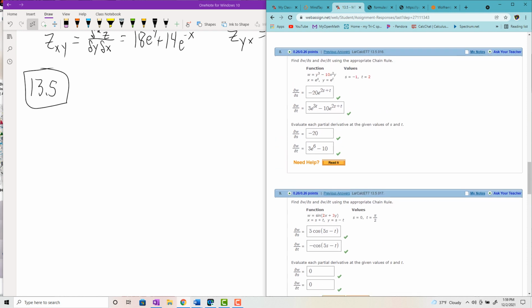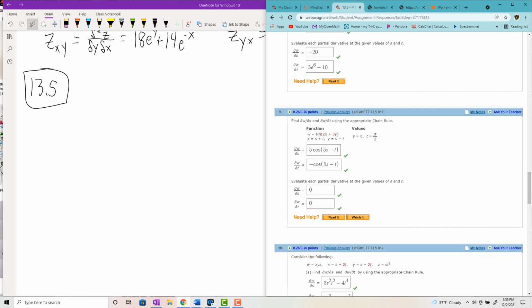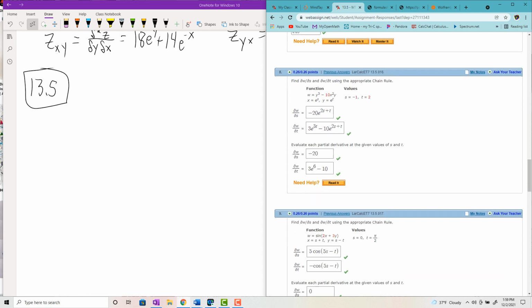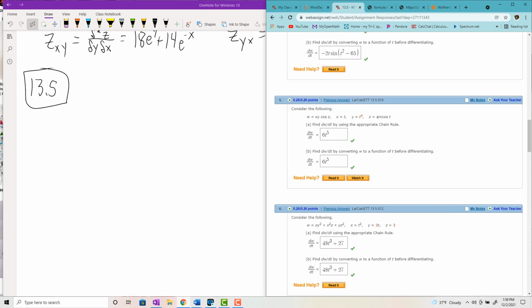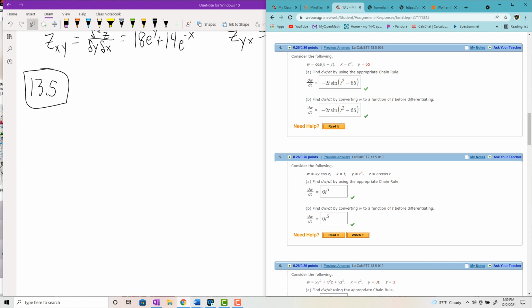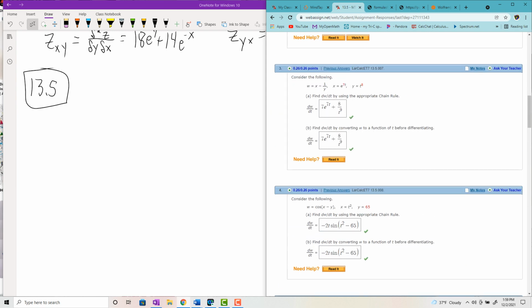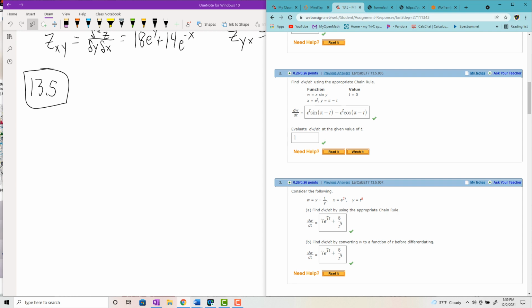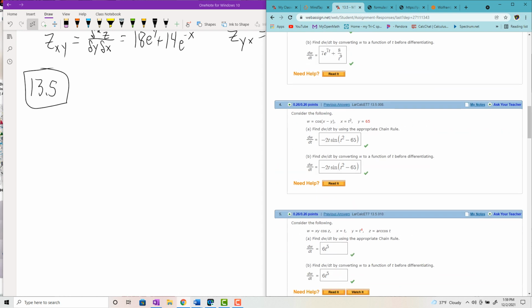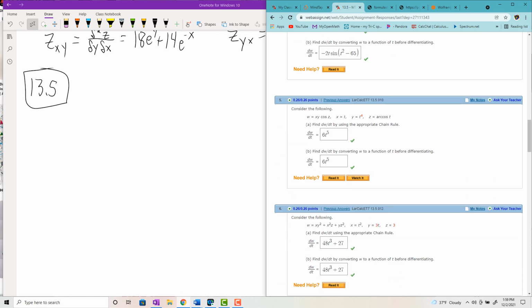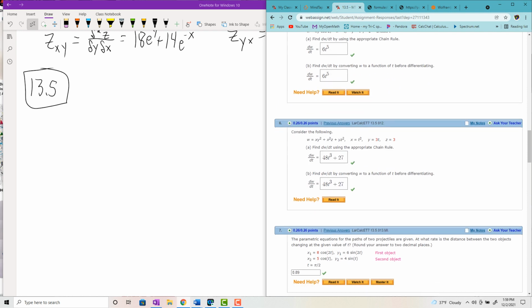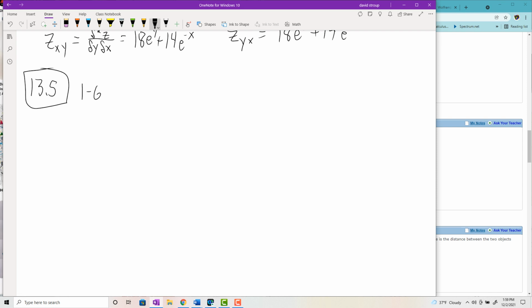But anyways, in 13.5 I won't put any where each variable is dependent on two variables. But something like 1 to 6-ish, you should be able to do any of that stuff.